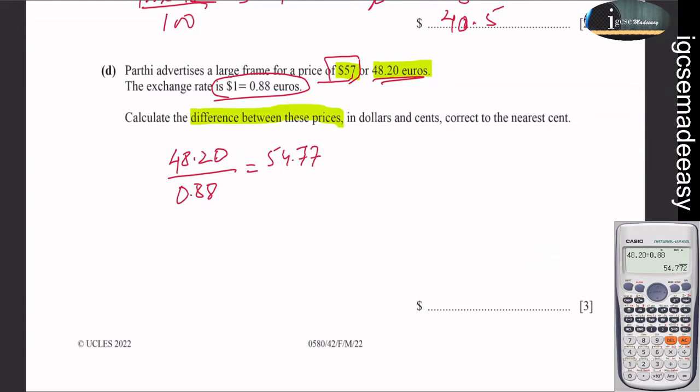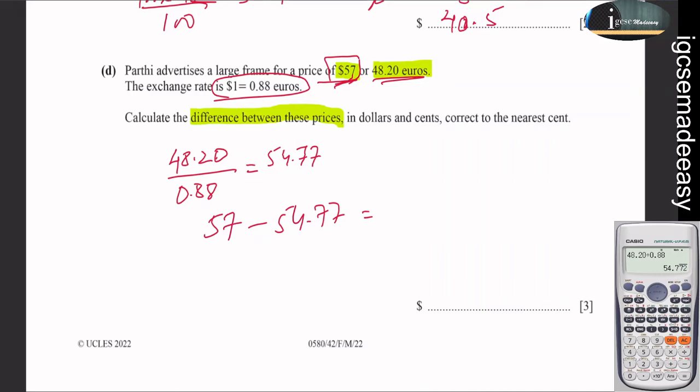This is much lesser than the price he is selling in dollars, right? So we have to find out how much difference that is. Actually he is selling for 57, but when he is selling in euros he is selling for 54.77. So what is the difference?